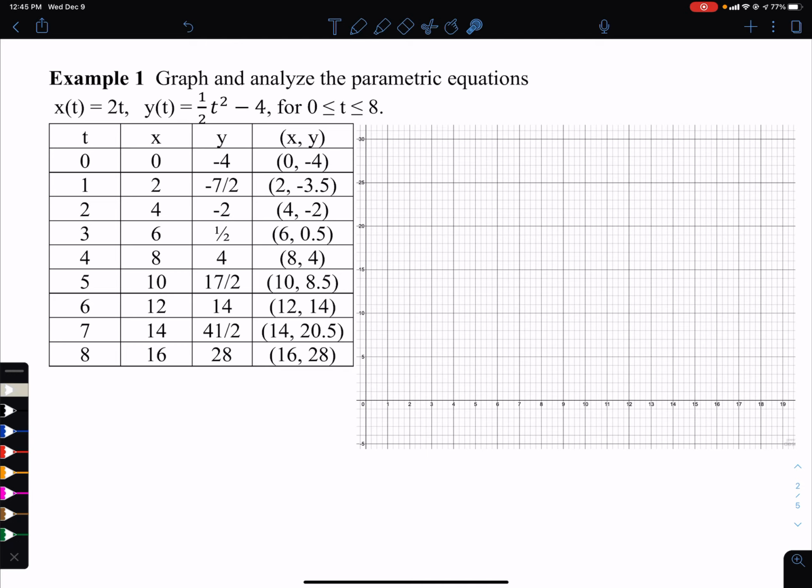So let's graph these points. This time I'll do it in a beautiful gold. 0, -4. Bam. 2, -3.5.